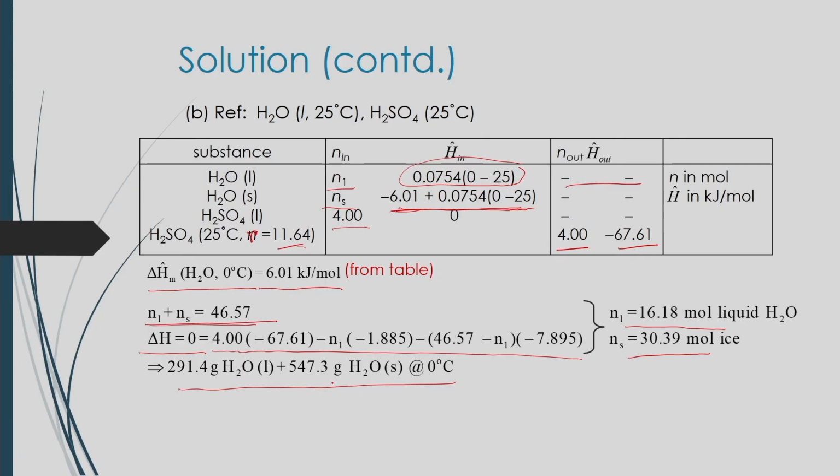So, based on this equation you can also solve this whenever the solution will be cooled down to a certain temperature by supplying some heat sink like ice. So, what will be the amount of ice to be supplied, and also what will be the water to be mixed with that acid solution to get its final temperature T; here in this case the final temperature is considered as 25 degrees Celsius.